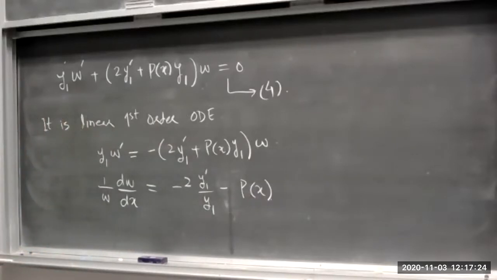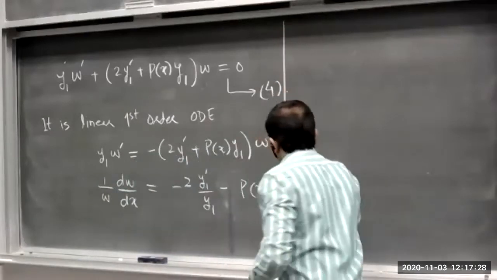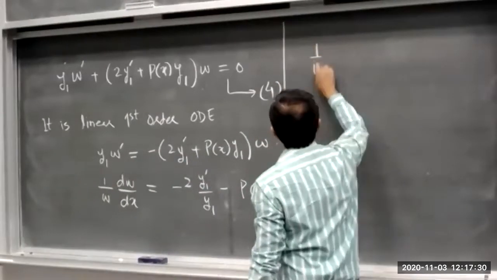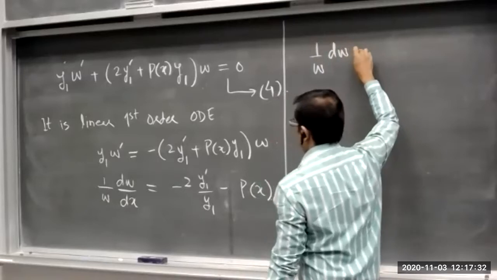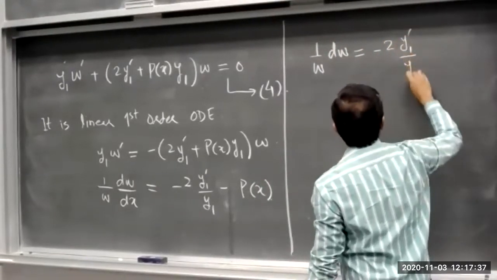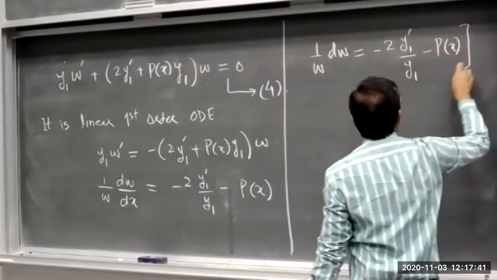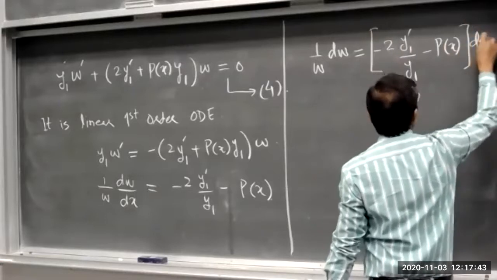Now again, we can write this differential equation in this form: 1 over w dw is equal to negative 2y1 dash over y1 minus p of x, whole dx.